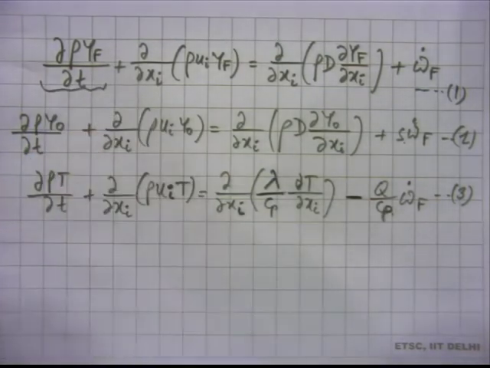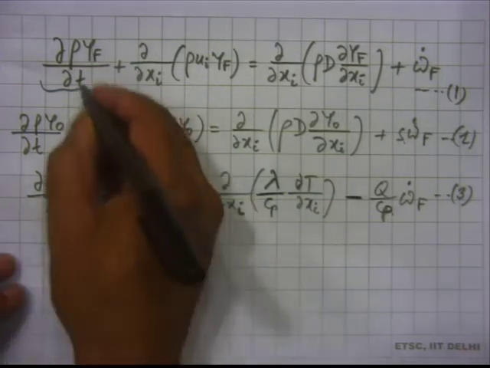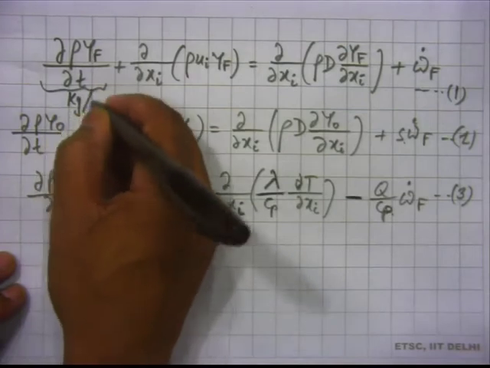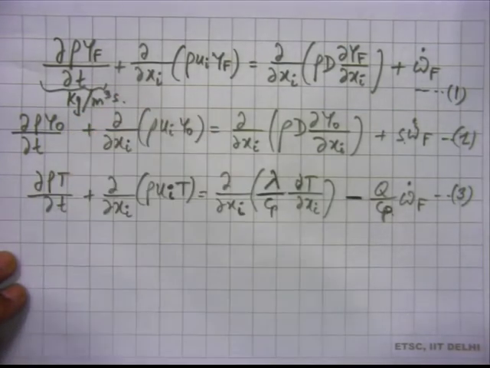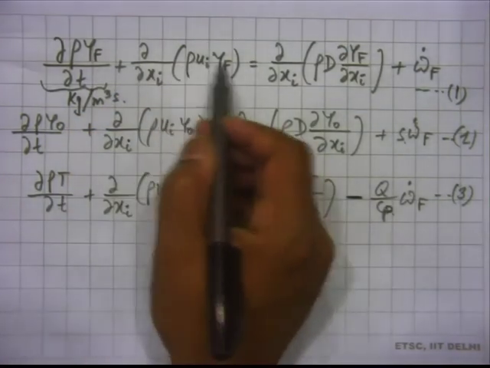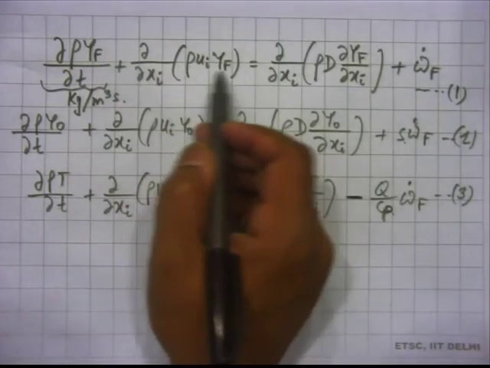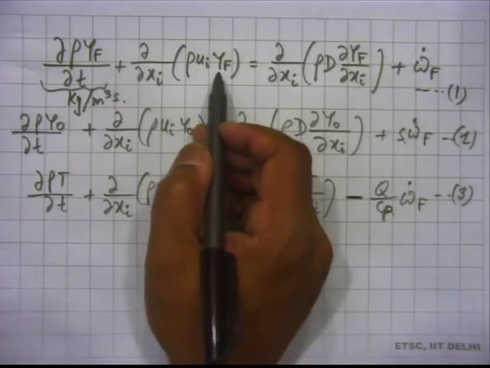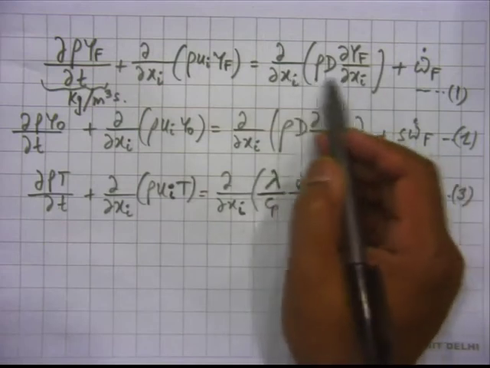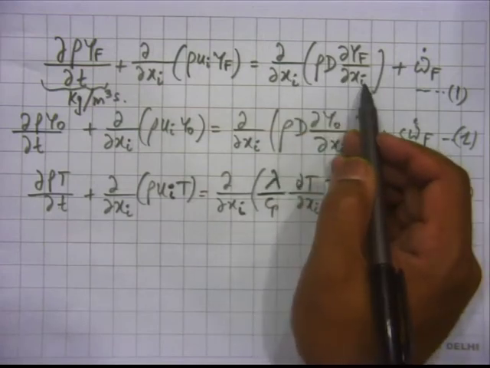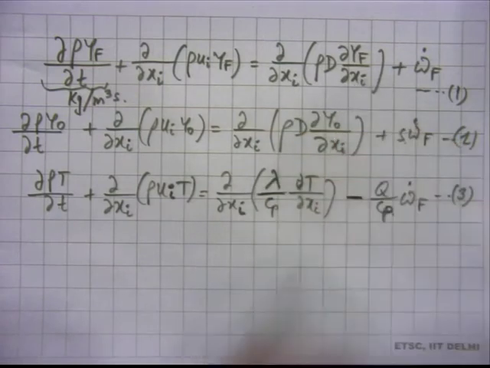What about this one? What is the unit of this? Yeah, so we can write this as kg per meter cube second. I will leave it to you to check whether this is also kg per meter cube second. Do you think this will be kg per meter cube second?